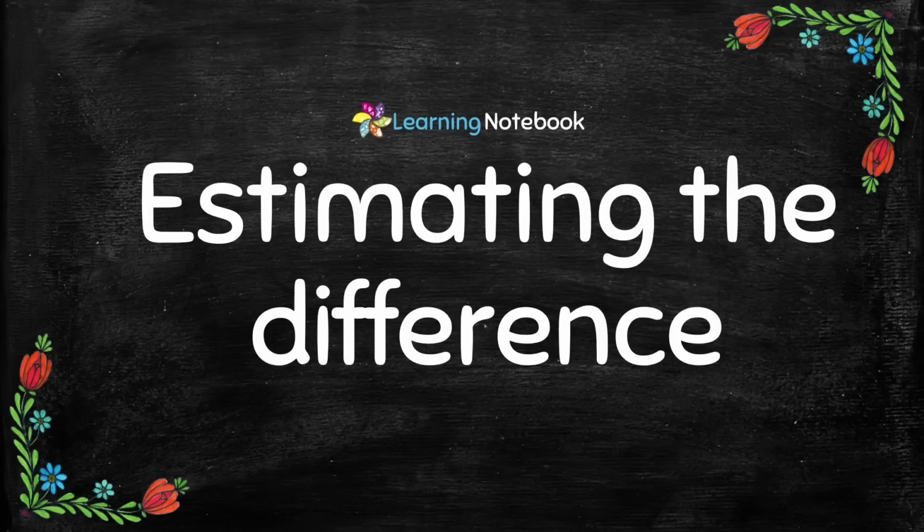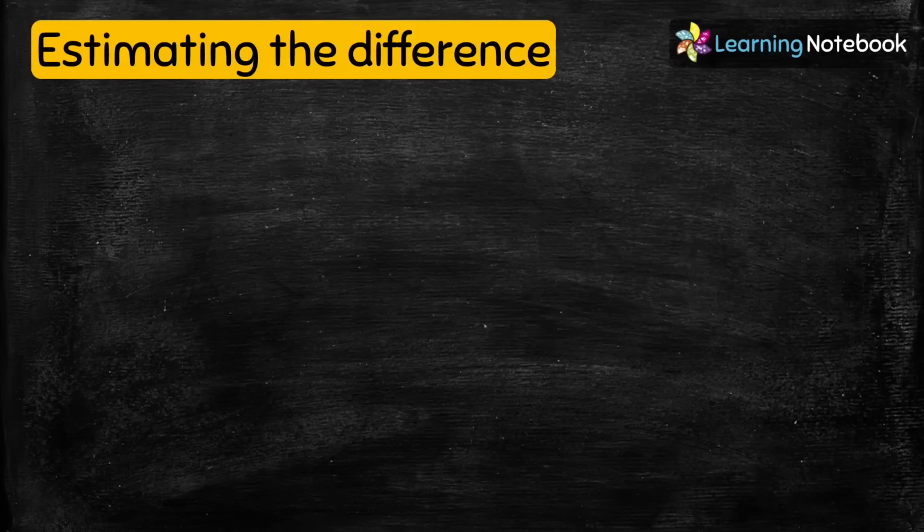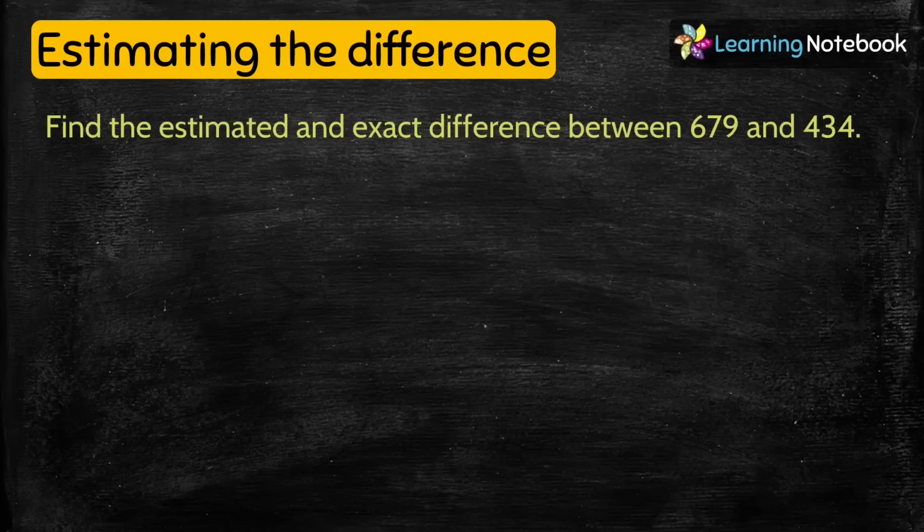Now let's learn how to estimate the difference. Students, we will estimate the difference in the same way as we did estimating the sum. That is, we will round off the numbers. So let's do a question. Find the estimated and exact difference between 679 and 434.